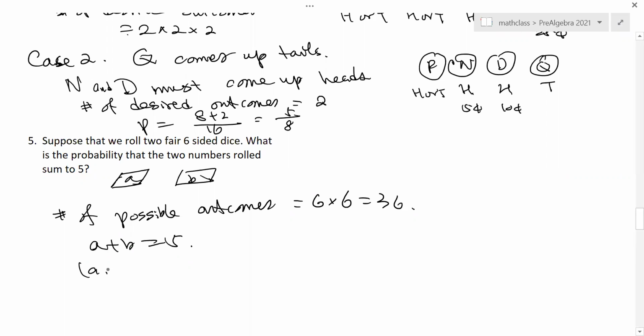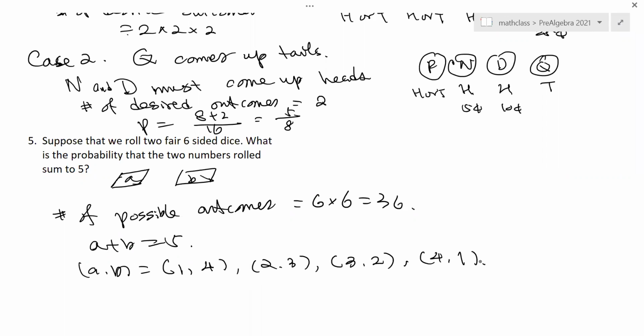So A and B are going to be 1 and 4, then 2 and 3, and 3 and 2, and 4 and 1, right? So here we count the order because we have the first die and the second die. They're independent. That's why you have 6 times 6. Otherwise, the denominator would also be changed.